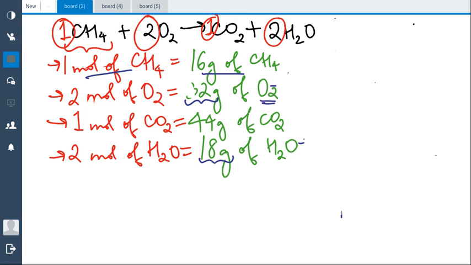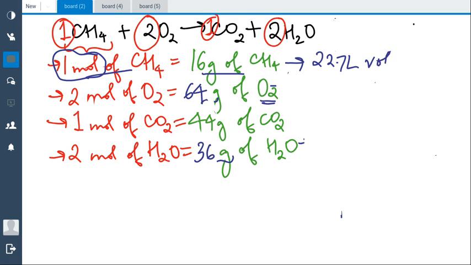Instead of 32, I can write 64. Instead of 18, I can write 36. Now, I told you 1 mole of any substance occupies 22.7 liters.